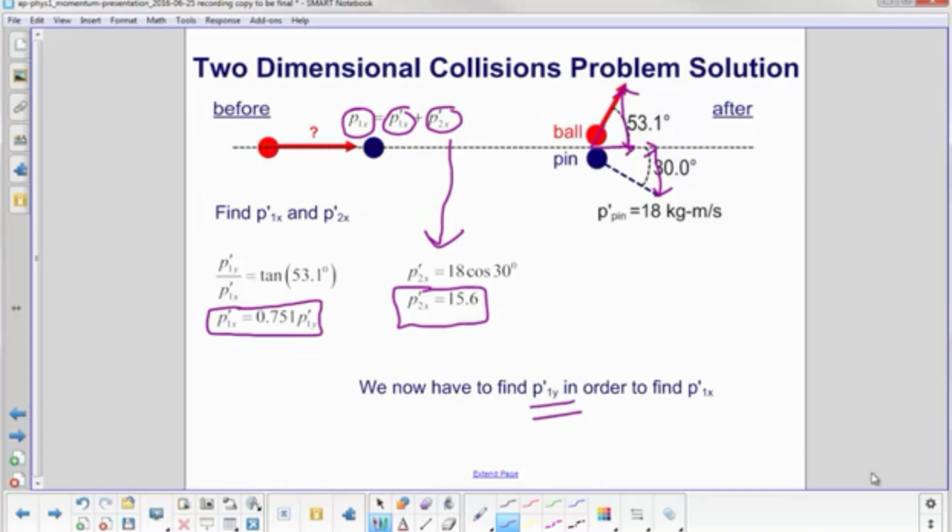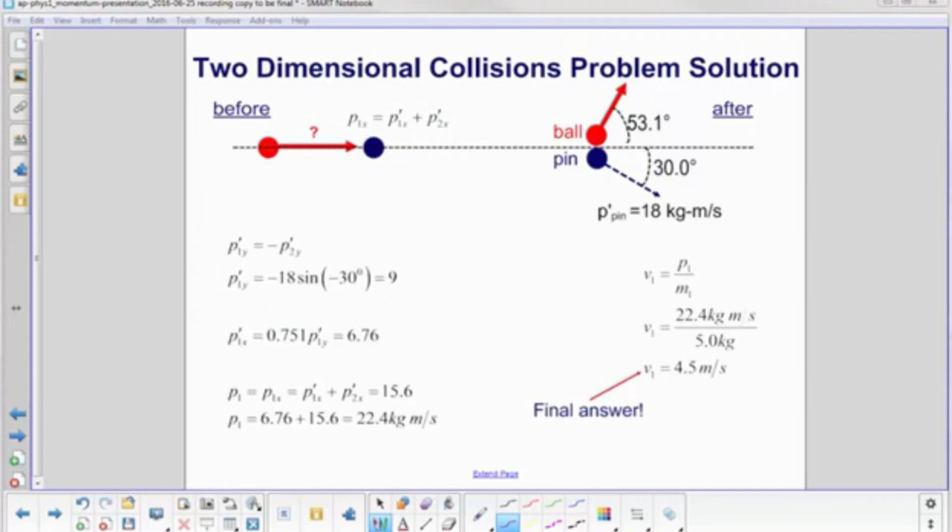So our next step is to find that value. In order to find p prime 1y, we go back 2 slides, and you can go ahead and check it, where we did conservation of momentum and came up with this. So what do we have here? Here's p2, it's 18, so it's minus 18, and we want to take the sine of this angle.